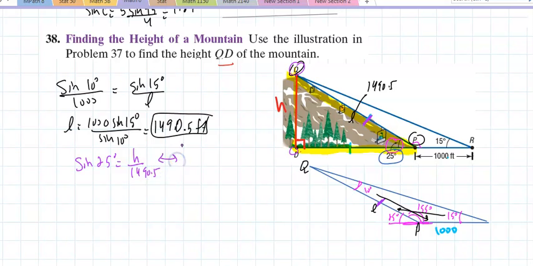And if I cross multiply, that is 1490.5 times the sine of 25 degrees, and this height will be what in feet? 629.10 feet. And there it is.